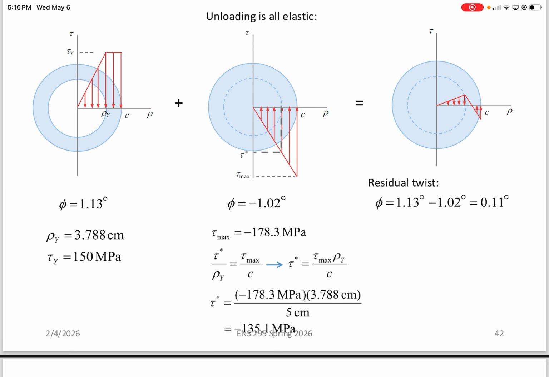It's a reverse calculation to compute the equivalent stress that would cause that reverse twist, accounting for that rectangular portion. Then we end up with a summation of the two angles of twist. The residual is, if you think about it, like this triangular portion here. So that total angle of twist contributes about 0.11 degrees.